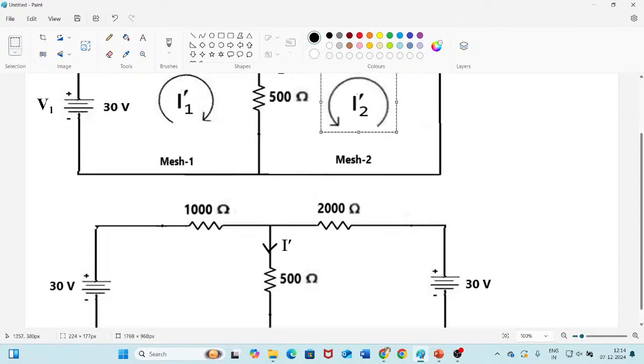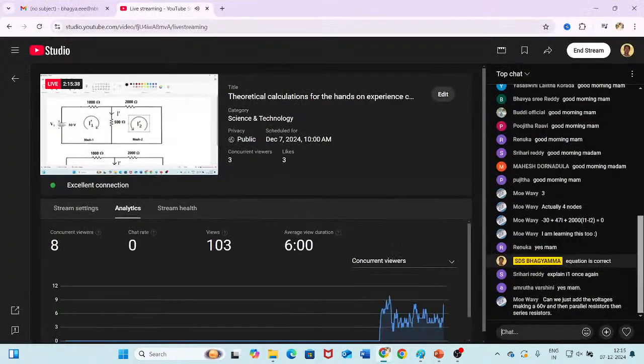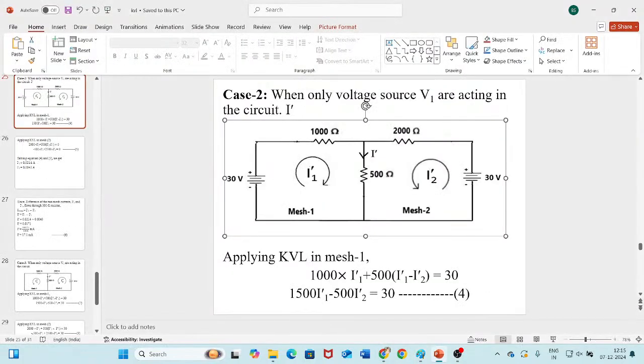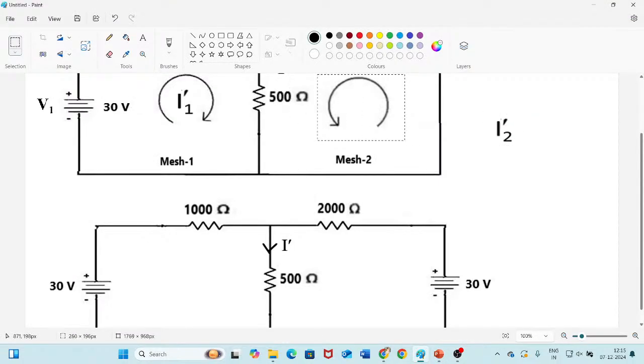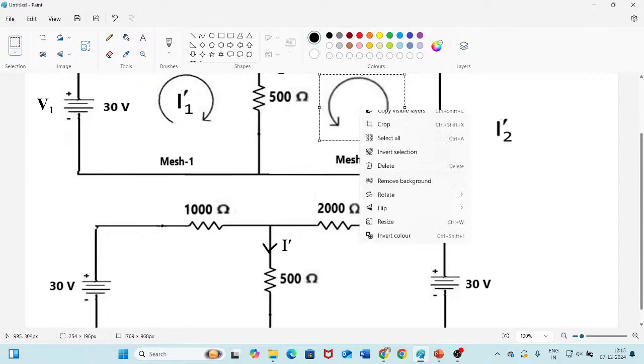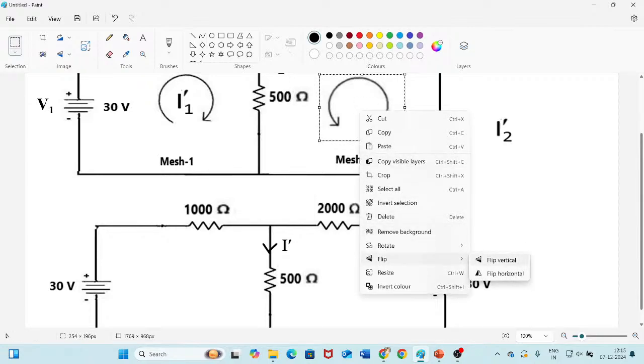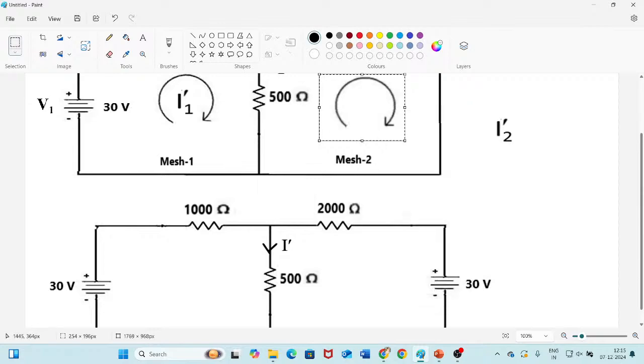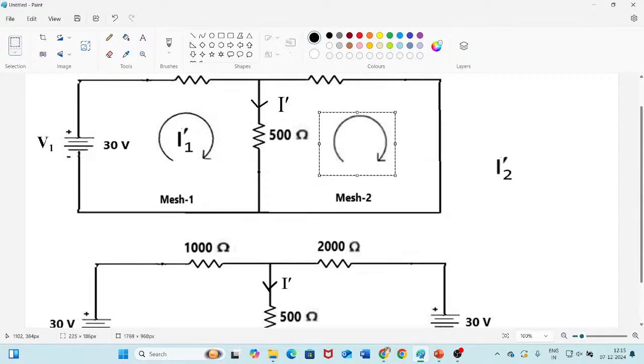I think this I2 dash should be the differential current. I have assumed the current direction anti-clockwise, no, clockwise. Both current directions clockwise. So this is my loop current. Both currents I have assumed in clockwise direction.